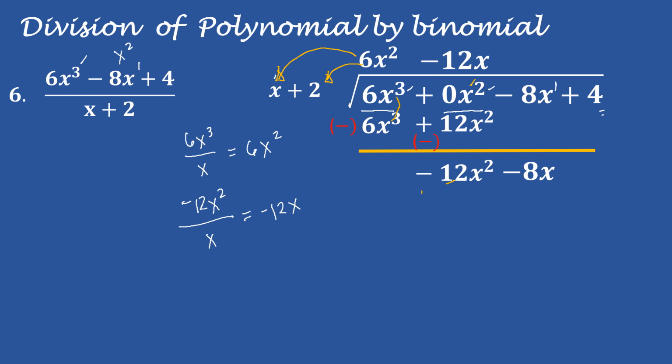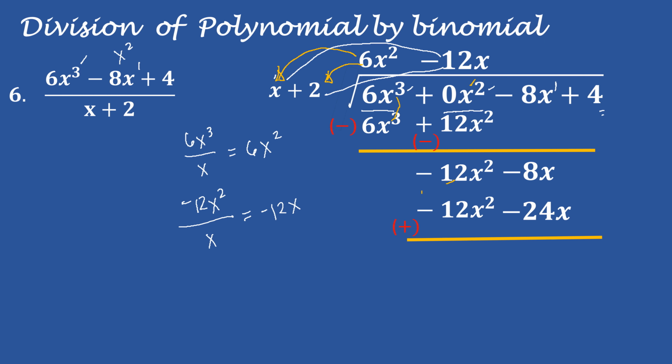Negative 12x times x is negative 12x squared, and then the negative 12x will be multiplied to 2, and it will give us negative 24x.